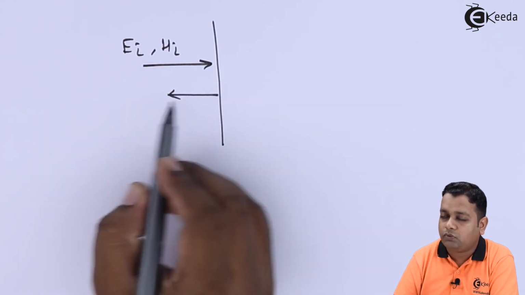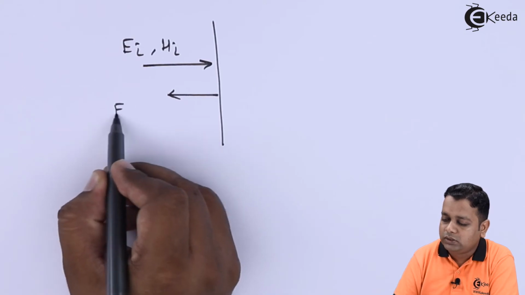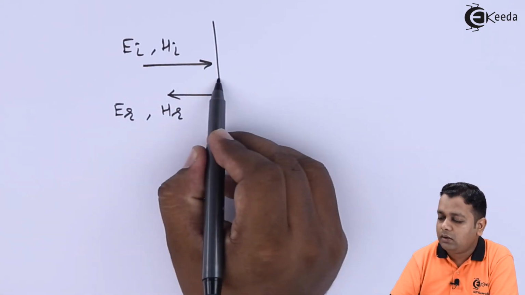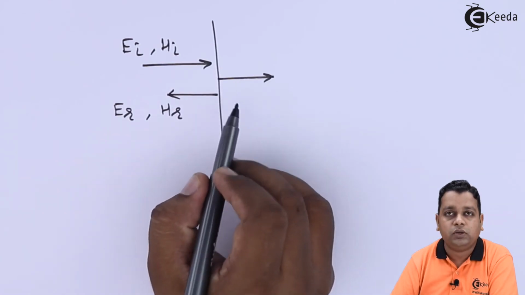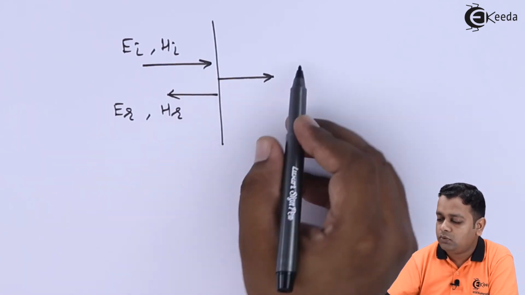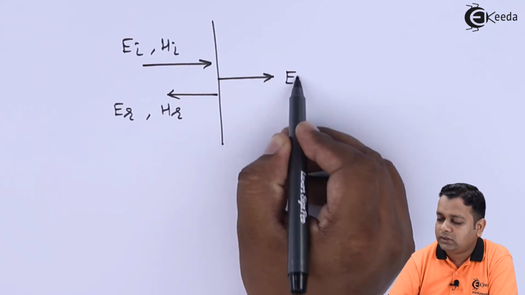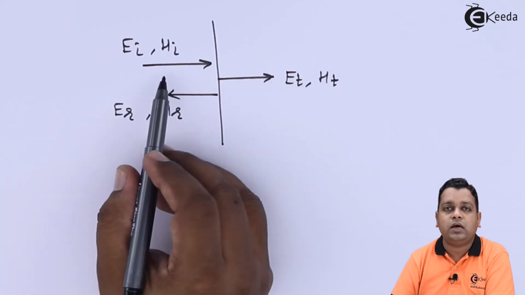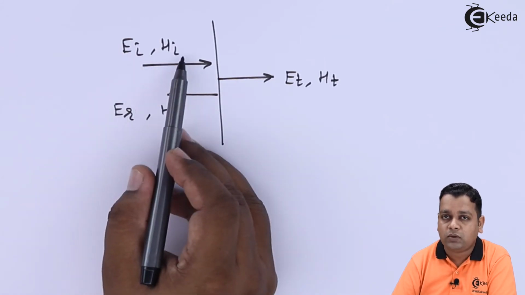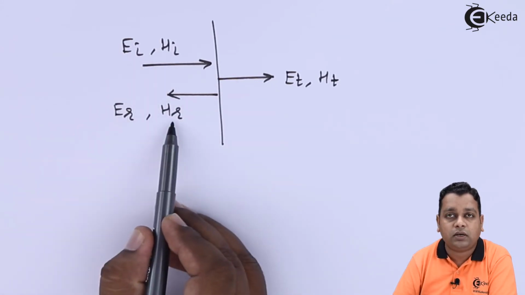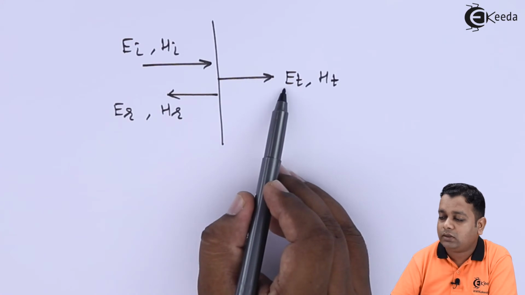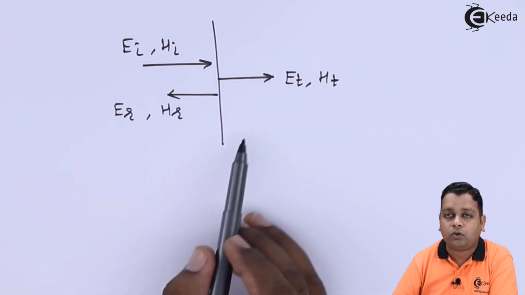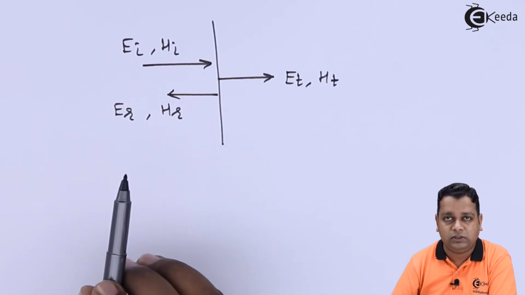This will be the portion that is reflected back, so this is E suffix R, H suffix R here, and some of the portion will be transmitted into medium 2, which can be given as E suffix T, H suffix T. So these are the incident electric and magnetic waves, these are the reflected electric and magnetic waves, and these are the transmitted electric and magnetic waves. So the case we are talking about is normal incidence.